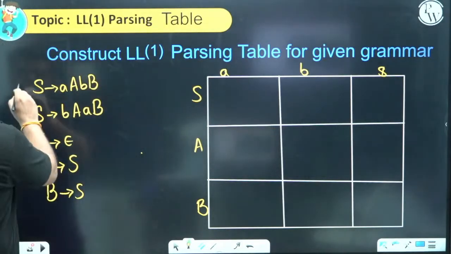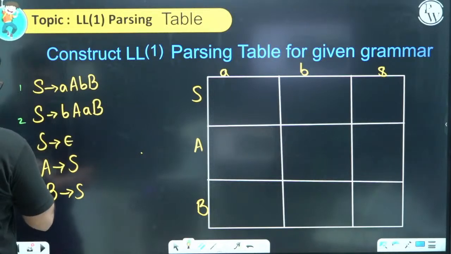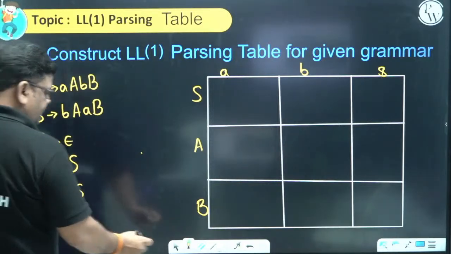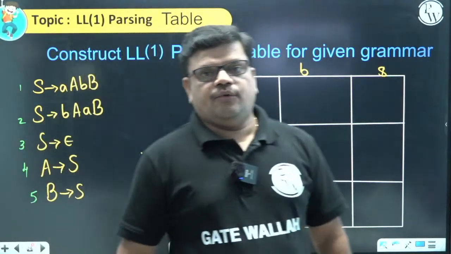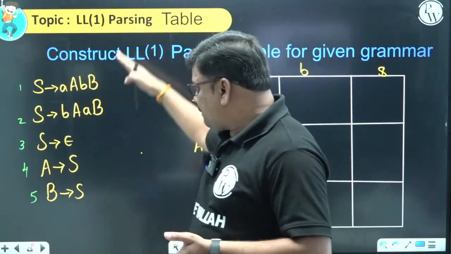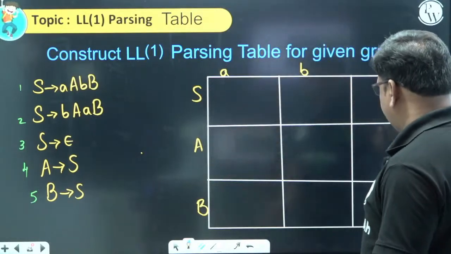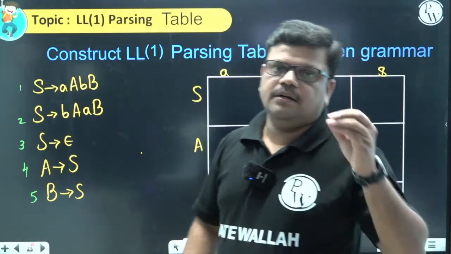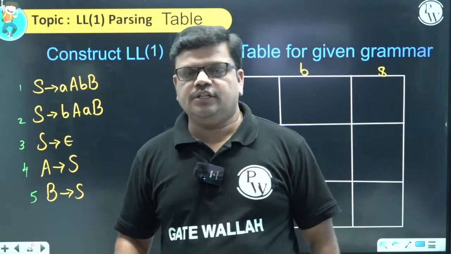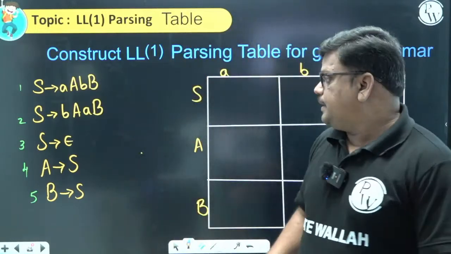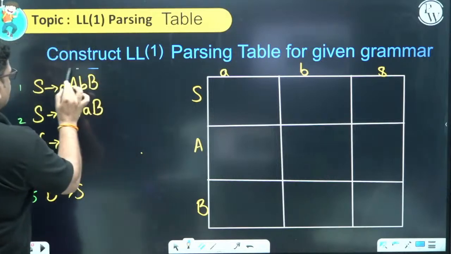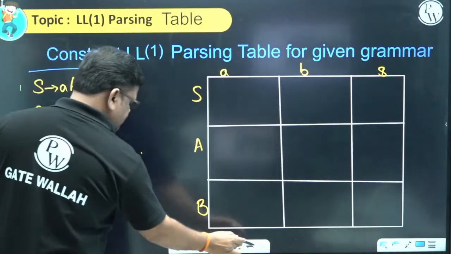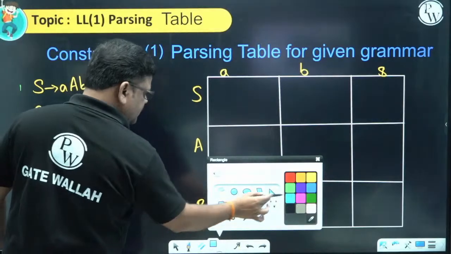So we have 5 productions here, total 5 productions. Placing these 5 productions in this table in their respective positions is what table construction is. So let us go to the first one. Where to place the first production? It's very easy.